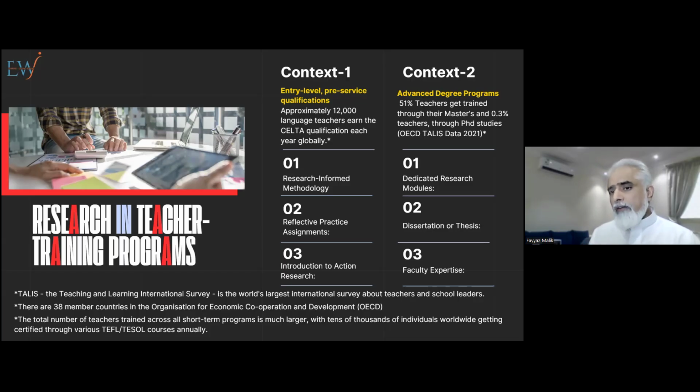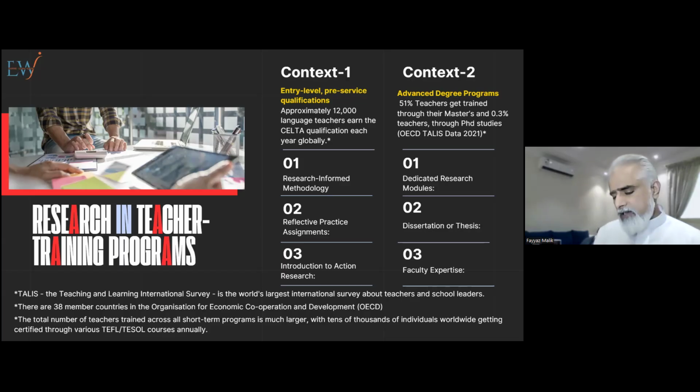Here, we have dedicated research modules where students are expected to go through lengthy notes and books, and they have to go through the original material, the primary resources, and then formulate their own ideas about that.